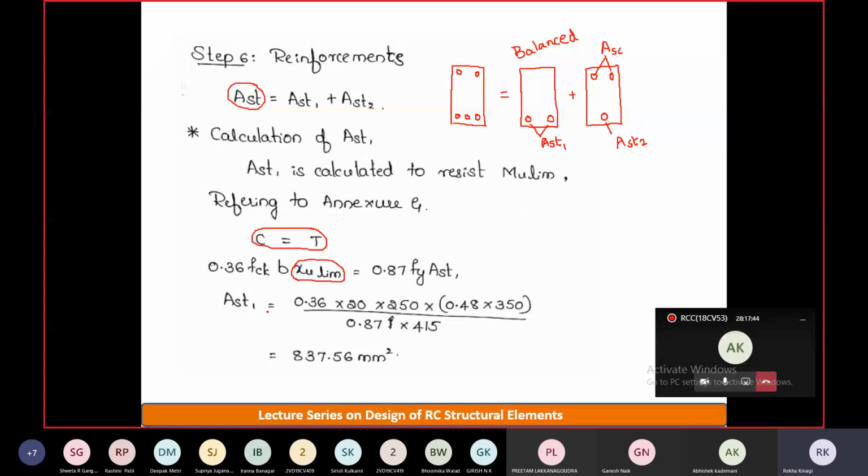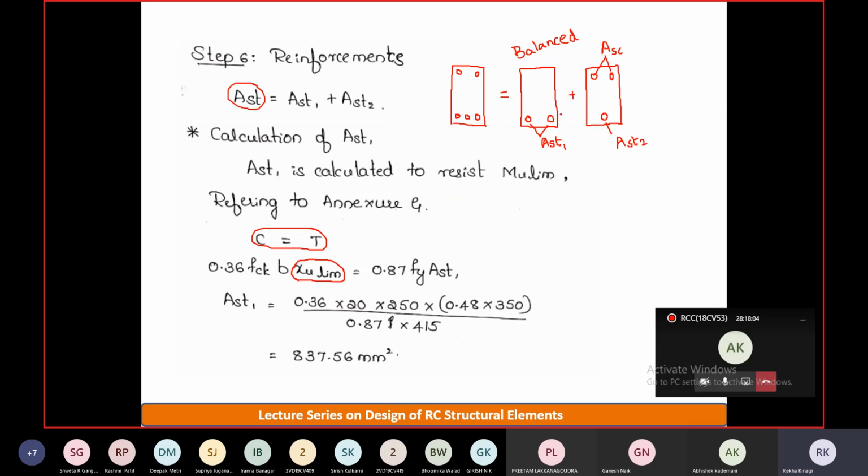Even that equation we can use, but only the thing is AST is to be replaced with AST1 and the value of XU limit has to be considered. And wherever Mu is there, the corresponding Mu limit value has to be used for calculation of AST1.